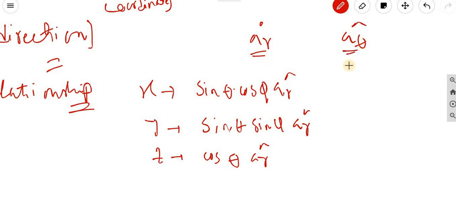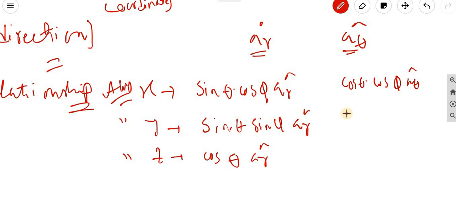Theta, what we got into AX direction, along AX, along AY, along Z. So along X, what we got? The cos theta cos phi A theta.